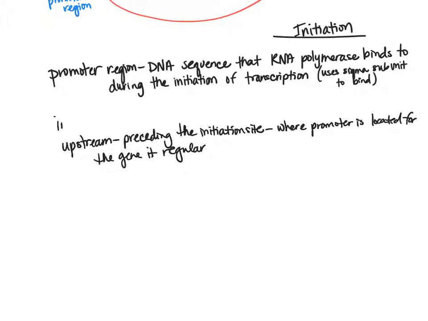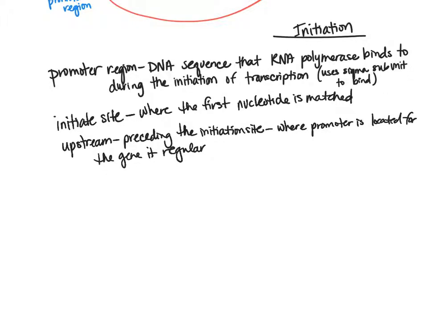So the initiation site is where the first nucleotide is matched. So we have the promoter region that is going to allow for the attachment of our RNA polymerase.